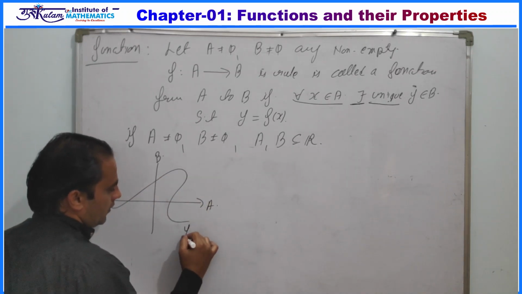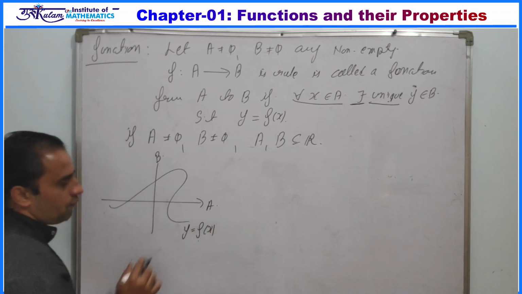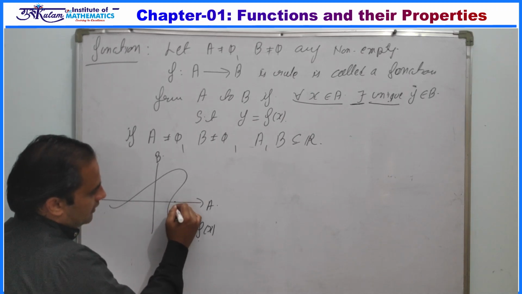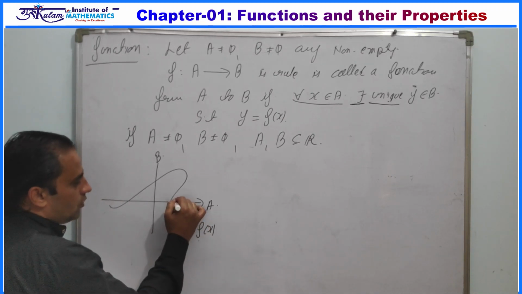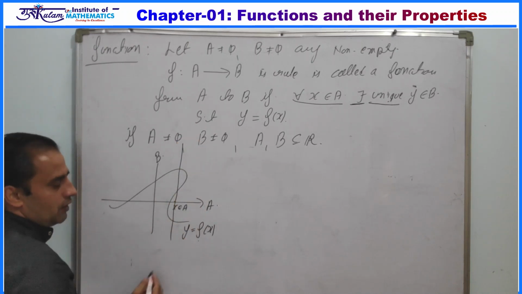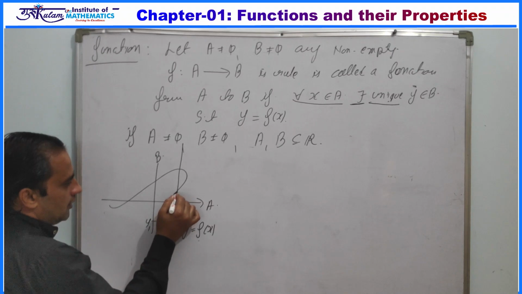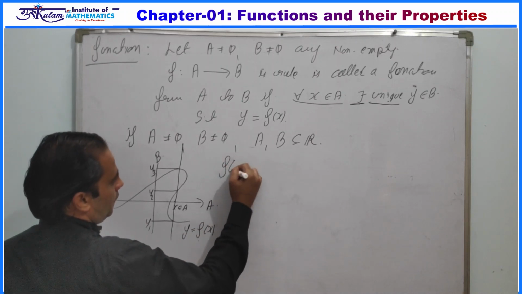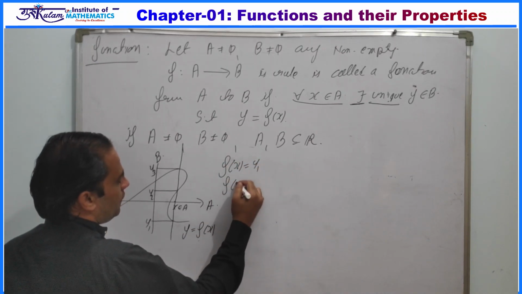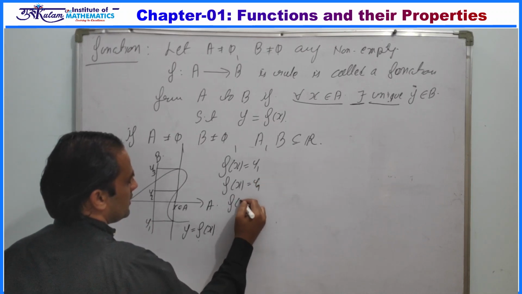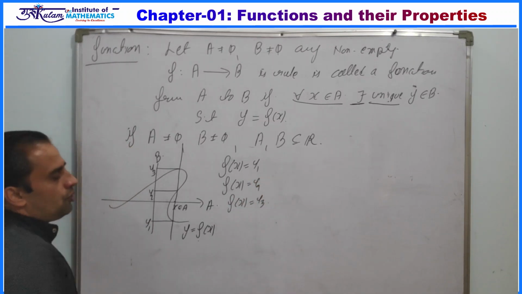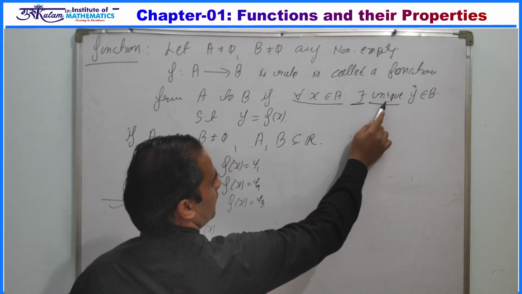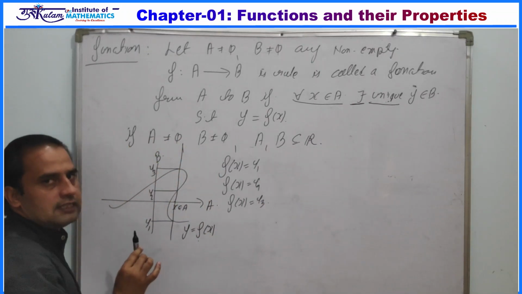This is a curve of the rule y equal to f(x), and let x belong to A. If we draw the line parallel to the y-axis, it meets the curve at the points y1, y2 and y3. That is, f(x) is equal to y1, again f(x) is equal to y2, f(x) is equal to y3. So x has three images, but in a function every element must have a unique image. So this curve is not representing a function.